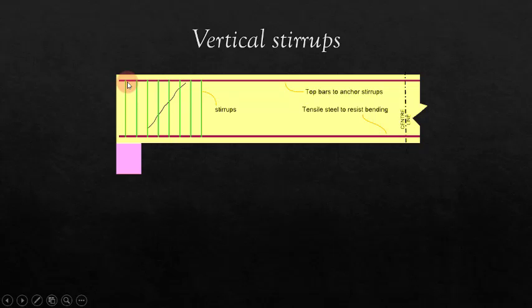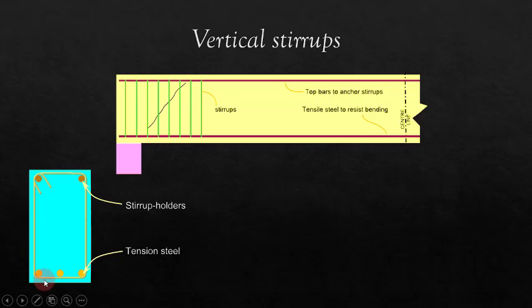When the shear reinforcements are provided vertically, they are called vertical stirrups or simply stirrups. They are formed by bending steel bars around the tensile reinforcement bars as shown here. It is necessary to provide additional small diameter bars, usually 12 mm diameter, in the beam's compression zone to anchor the stirrups properly.